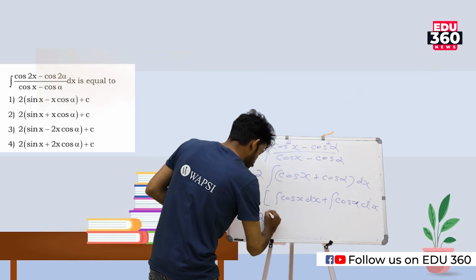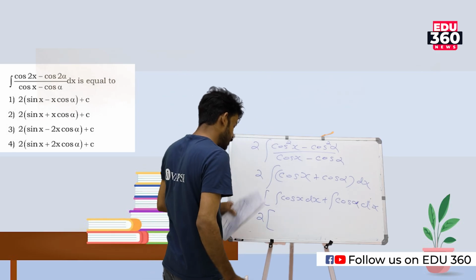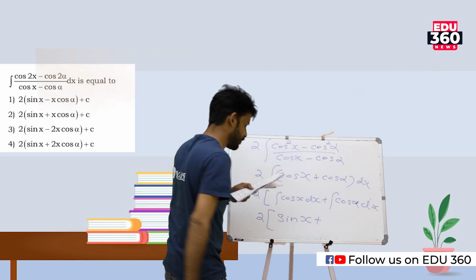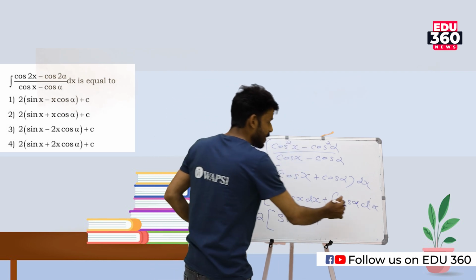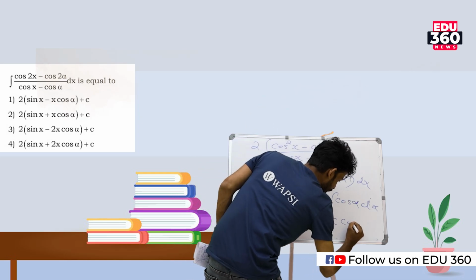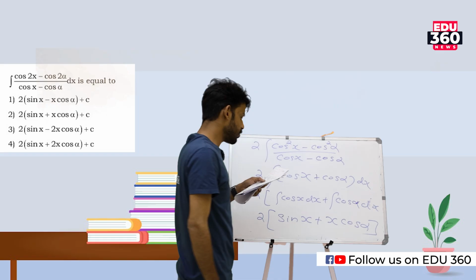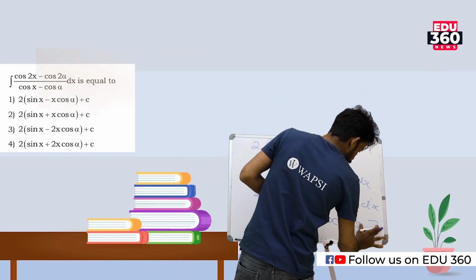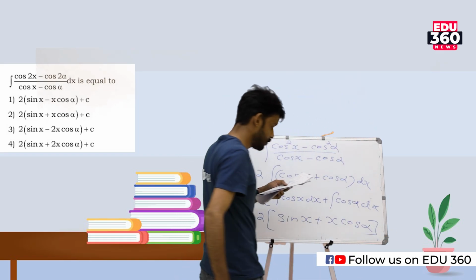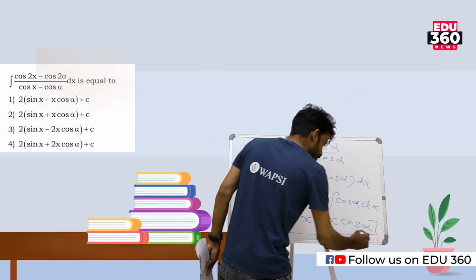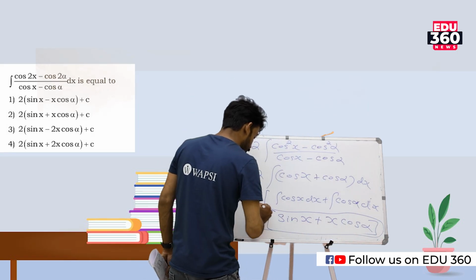In the next step, cos x dx gives 2 into sin x plus x cos alpha. Yes, that means this is the final answer. Just look at the options.